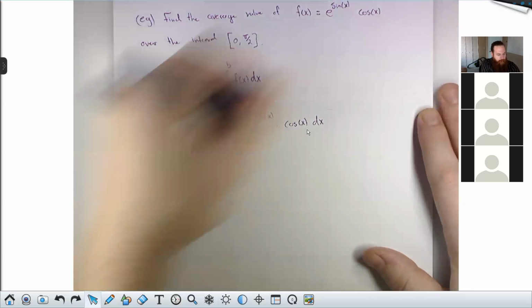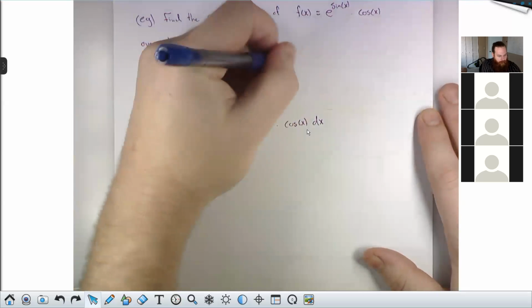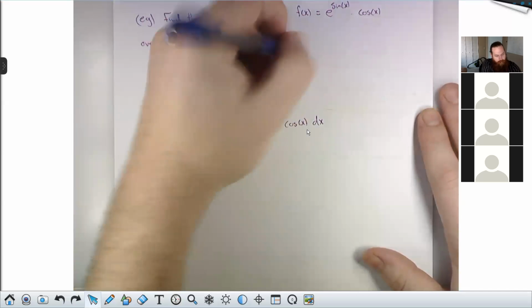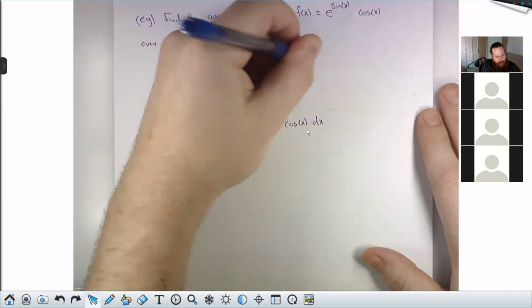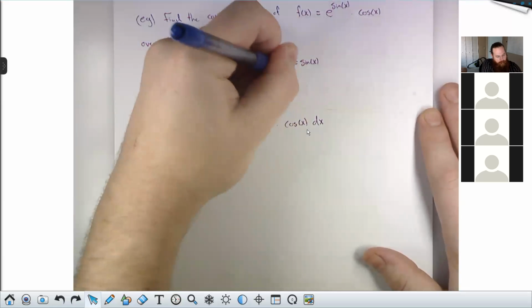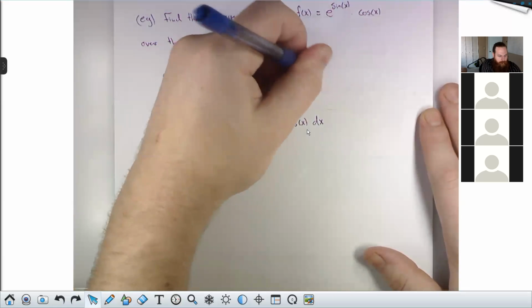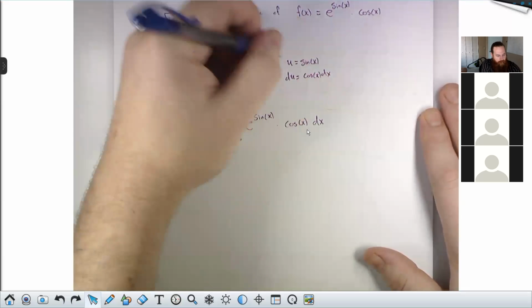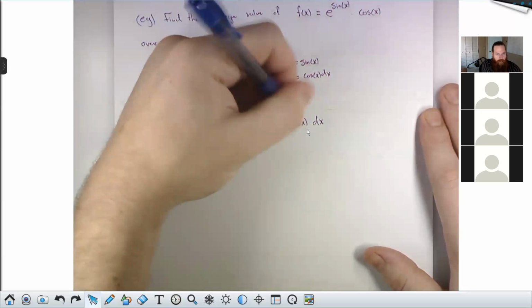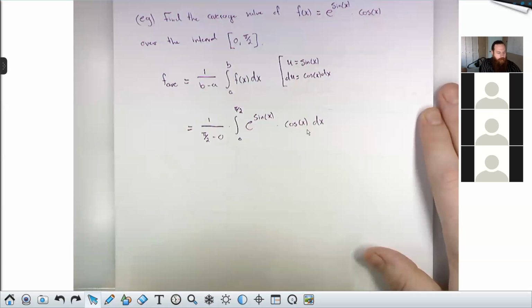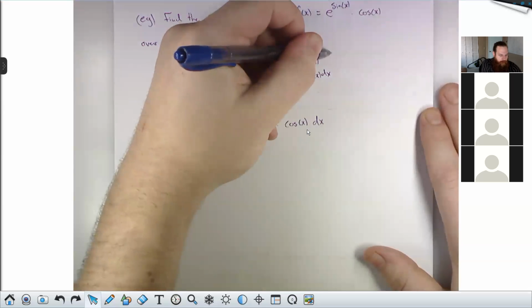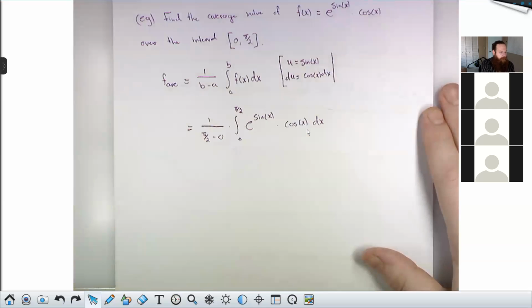So I'm going to make the substitution u equals the sine of x. du then is cos x dx, and that's convenient because I have a cos x dx right here. The other thing I need to do, because I'm making a substitution in a definite integral, I have to change the bounds.